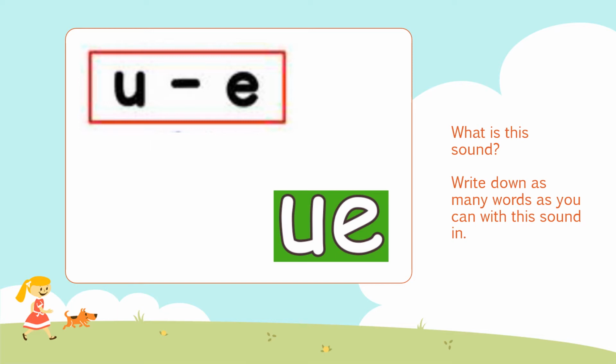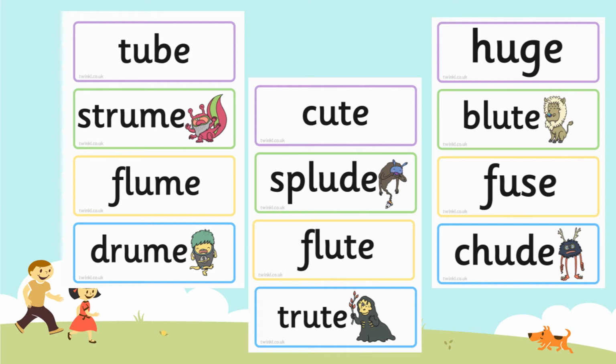Okay, so we need to have a look at that today to see when we use the U and when we use the OO. So we've got some words here. Now, for the alien words, it's up to you how it's easier to say it, because we don't know what's right because it's not a real word. But on the real words, you would be able to figure out whether it's going to be a U or an OO sound.